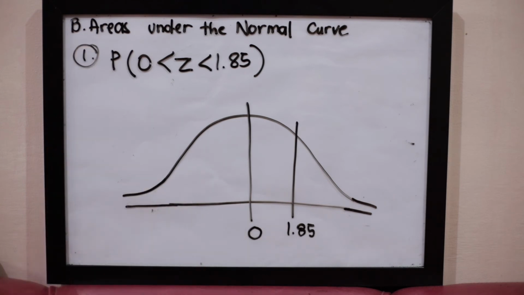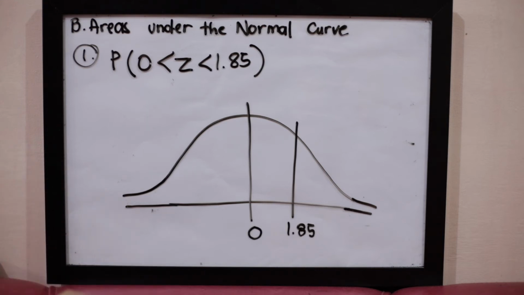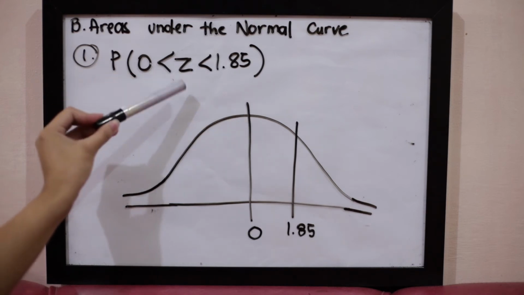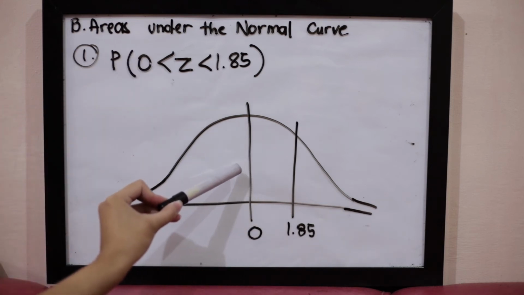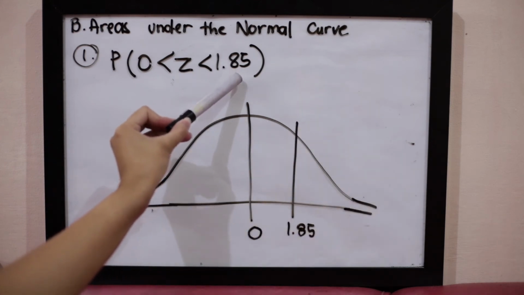We have to identify the shaded part. Ngayon, ma'am, how are you going to identify the shaded part? Yung shaded part is yung makakapag-satisfy dito sa given na inequality na Z-scores daw should be greater than 0. So, mas malaki sa 0. Greater than 0. So, meaning to say, yung nasa right side niya. But less than 1.85.